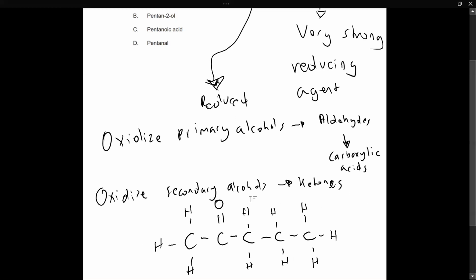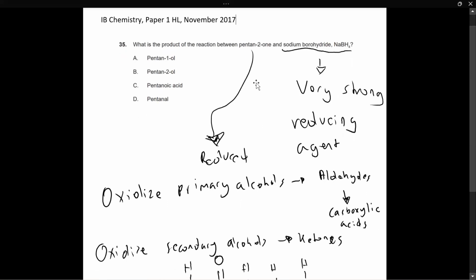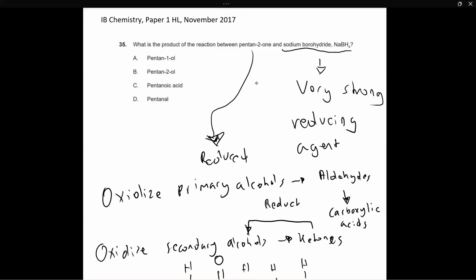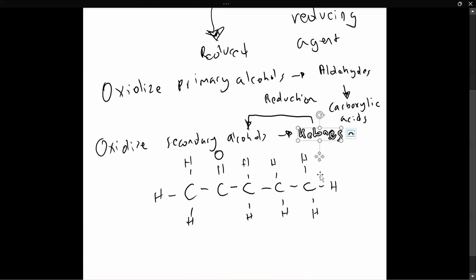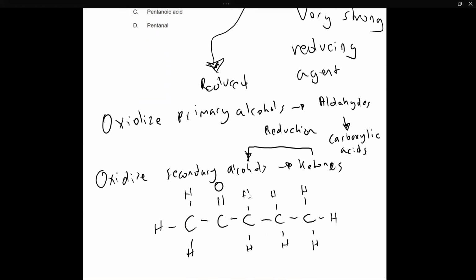Now, we have a ketone, and we have to reduce it. Reduction is the opposite of oxidation, so we go backwards and do the reverse reaction. Oxidation is this; if we go backwards, this becomes reduction. Essentially, when we reduce the ketone, it goes back to being a secondary alcohol, and this is what it becomes.